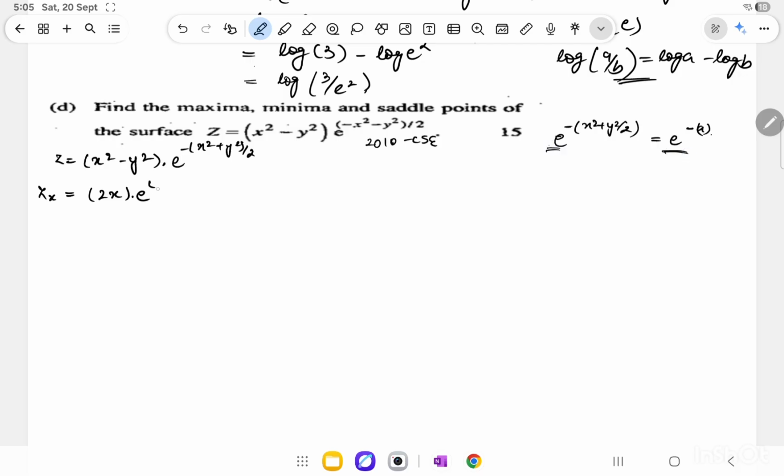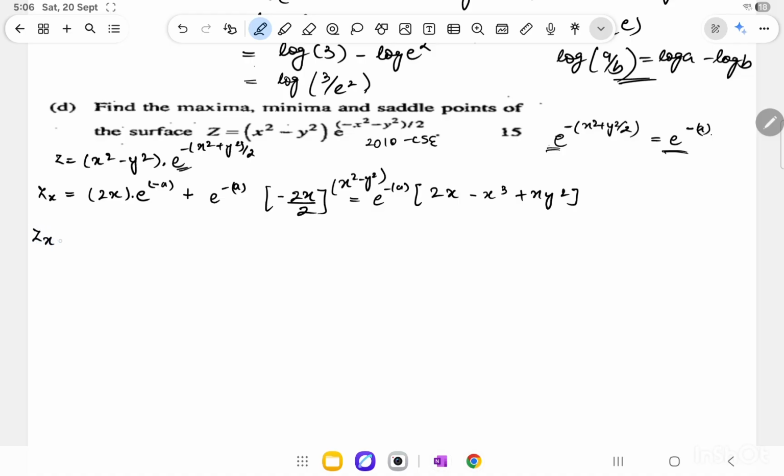So it will be 2x into e raised negative a plus the partial derivative of this, which will be e raised negative a into minus of 2x divided by 2. I can take e raised negative a as common, and here we have x square minus y square as well, so I'll get 2x minus of (x cube plus x y square).